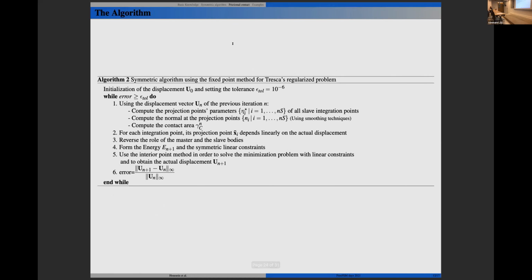The second algorithm is just to solve the regularized Tresca problem. Here it's in the case of large deformation, but in the case of linear elasticity, we have just step 4 and step 5, where we form the energy, and we use the interior point method to solve the minimization problem. We used IPOPT to solve the minimization problem.